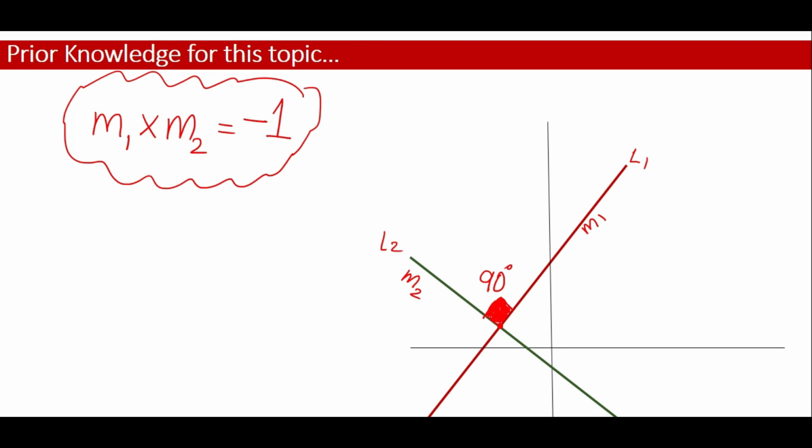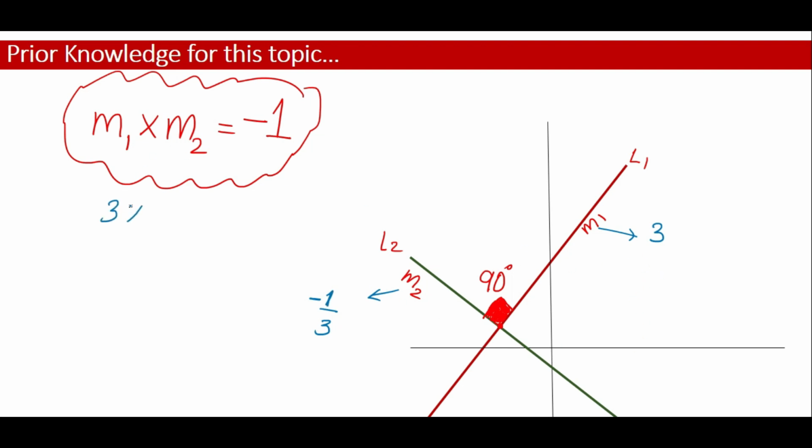Now let me use some numbers. For example, if M1 takes a value equal to 3, then M2 takes a value of 1 by 3 with a negative sign. So it's going to be -1 by 3. Now let's just do the checking.